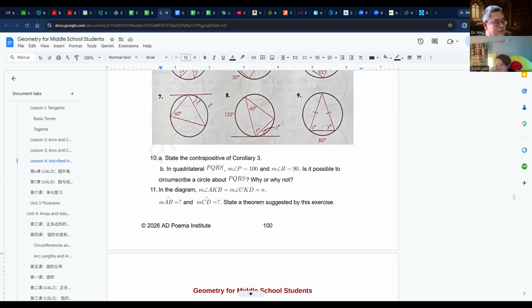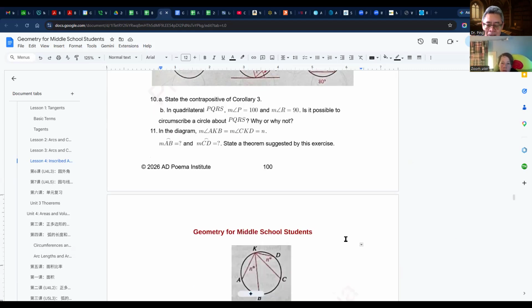If the opposite angles of a quadrilateral aren't supplementary, then it can't be inscribed in a circle. Yep, basically, that's the contrapositive we just did.